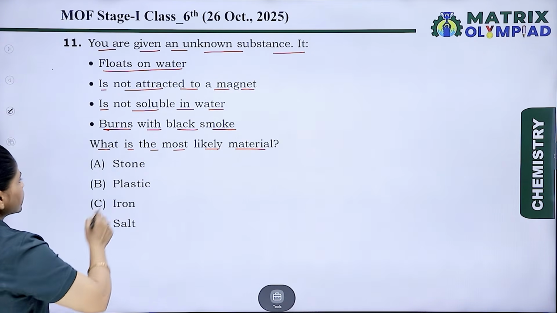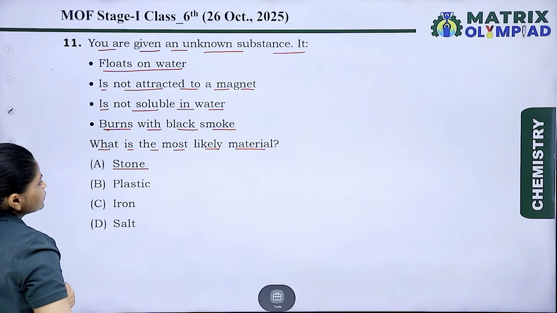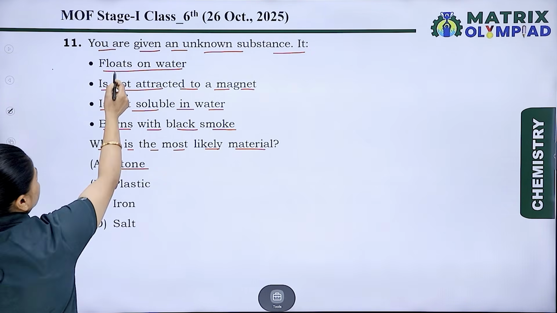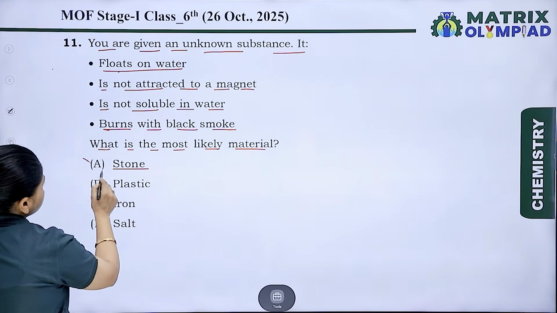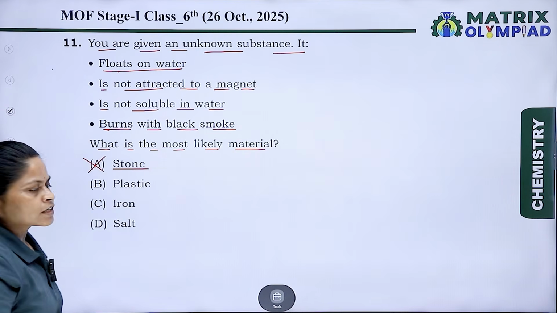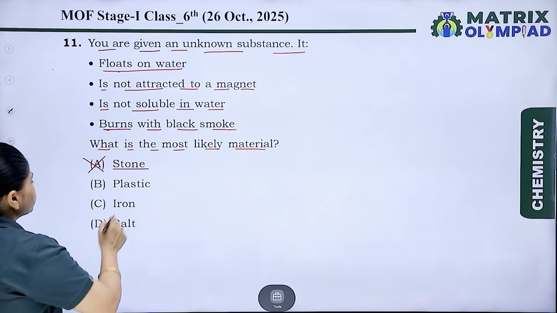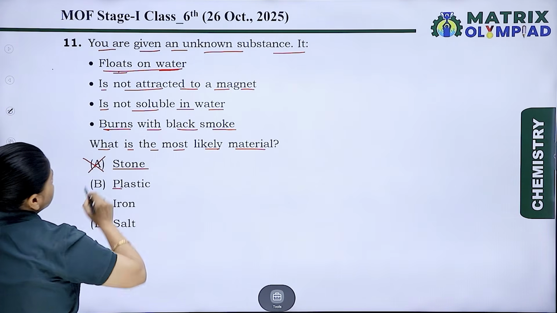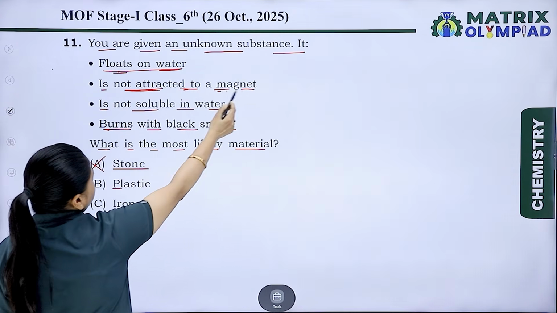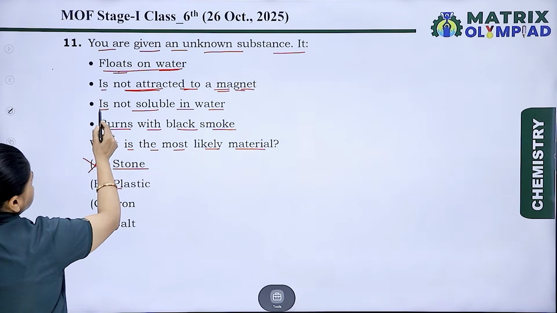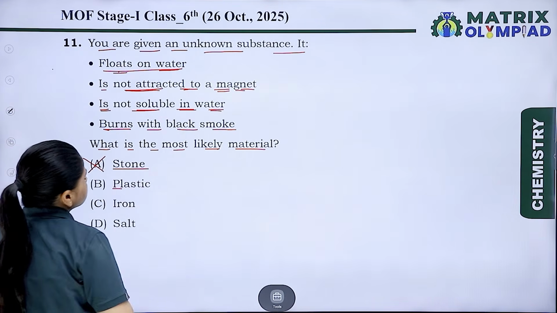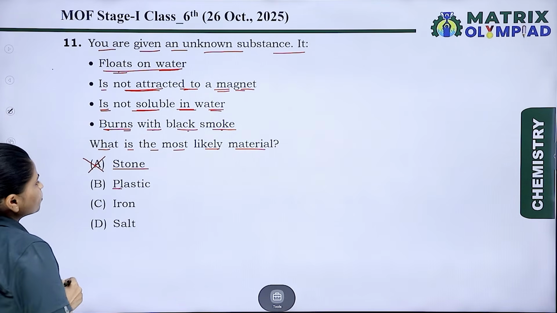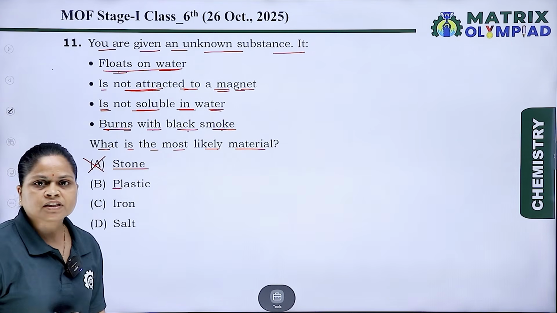Now, option A is stone. As we know that stone is heavier than water and it can't float on water, so it is not the correct option. Plastic. Yes, plastic floats on water. Plastic is not attracted to a magnet. Plastic is not soluble in water, and plastic burns with black smoke. All these properties resemble plastic.